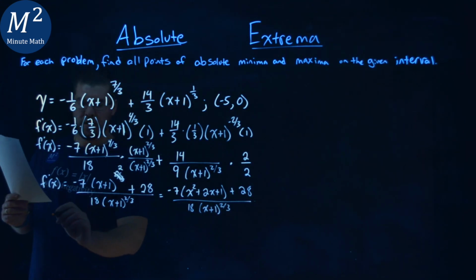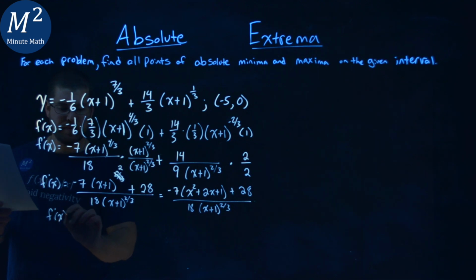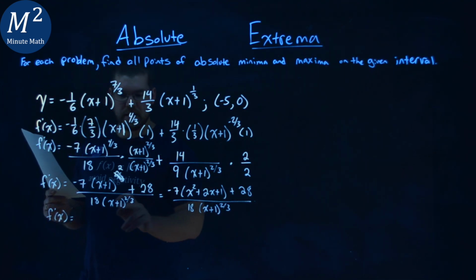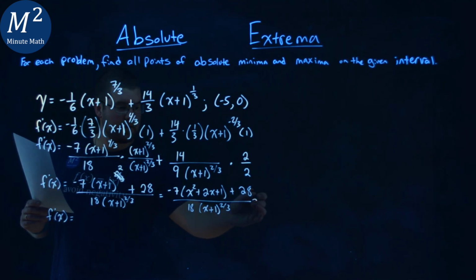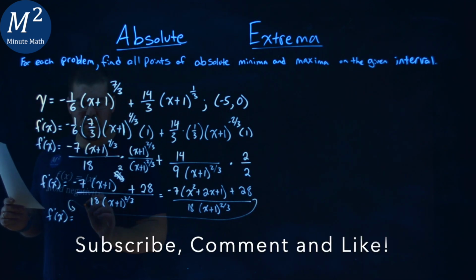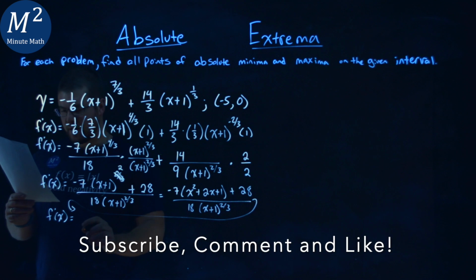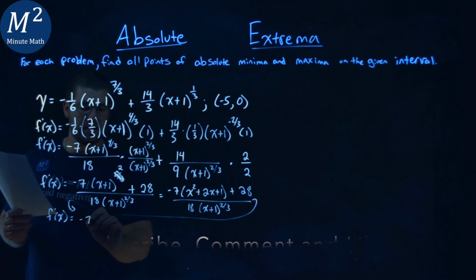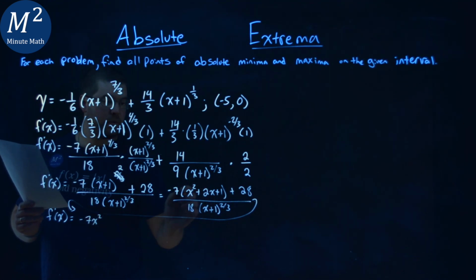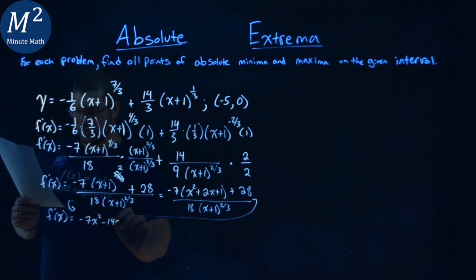Let's keep simplifying. Let's do the f prime of x right here. Zigzagging back over here so we can see where it's coming from. Multiply the negative 7 across. Negative 7 times x squared is negative 7x squared. Multiplied by the 2 is negative 14x.